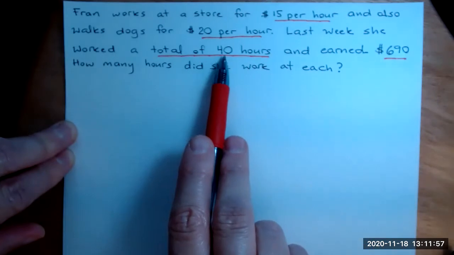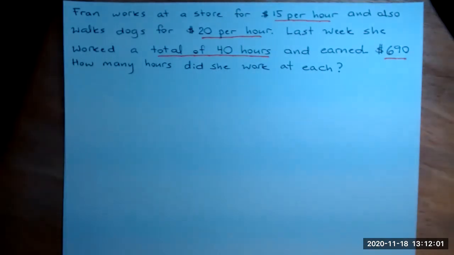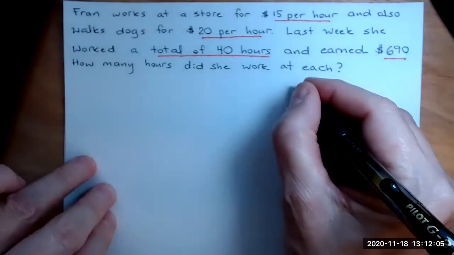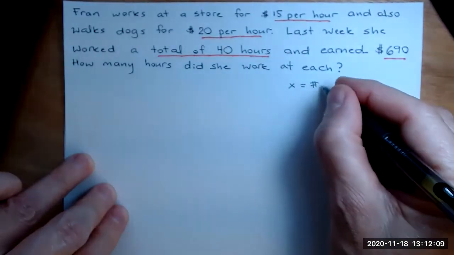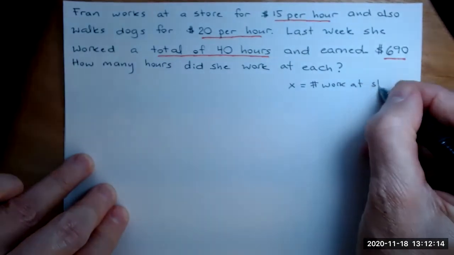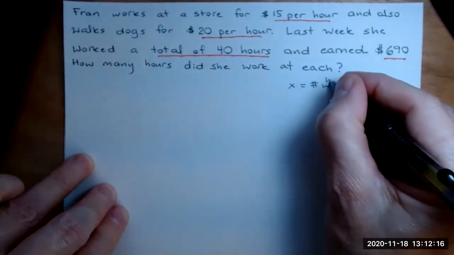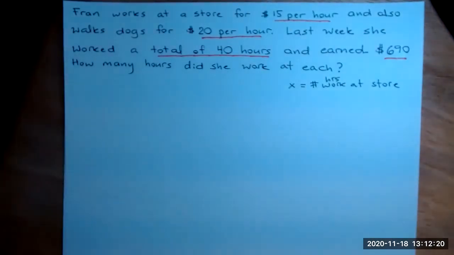All we know is this total. All right, when you have something like this, name one of them X. So let's call X the number of hours worked at the store. All right, I'm going to make a little table.